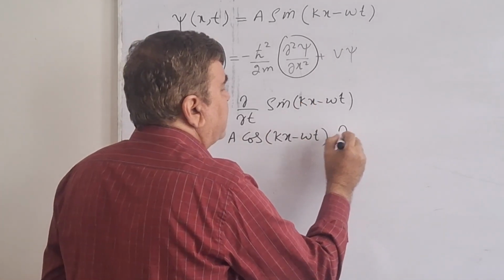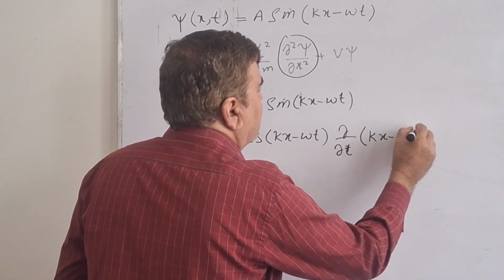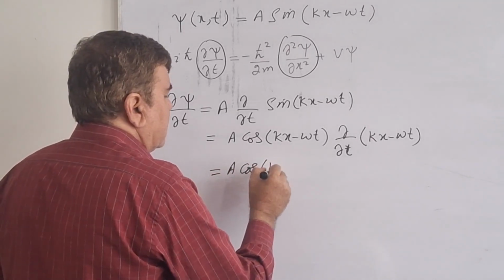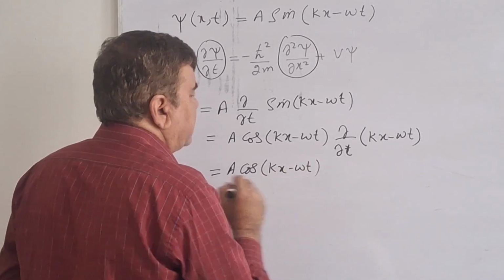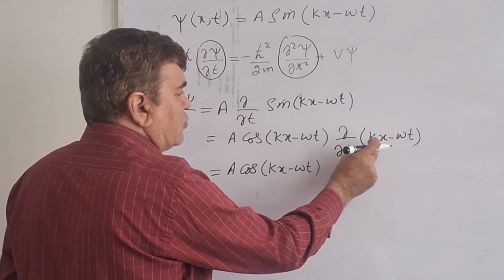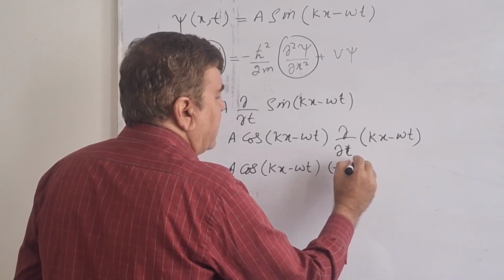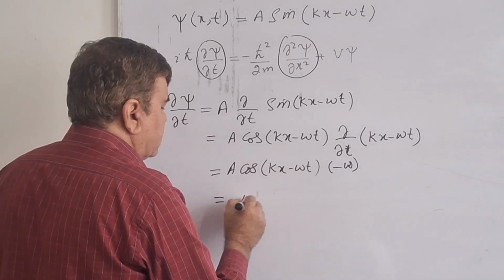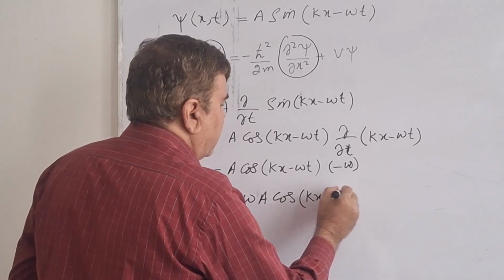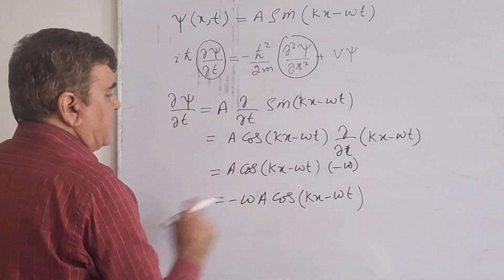I write it as partial t of kx minus omega t. Since the first term is independent of time, its derivative goes to 0, and from the other term I just get minus omega. So I write this in the form minus omega a cos of kx minus omega t. That's the derivative of psi with respect to time. I know this result, right?